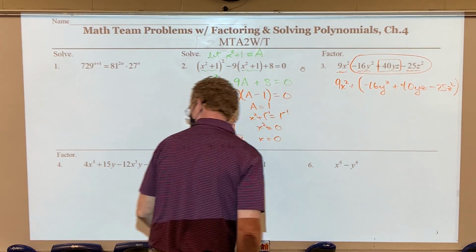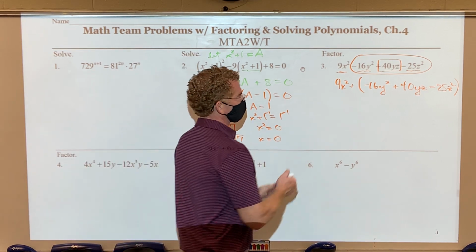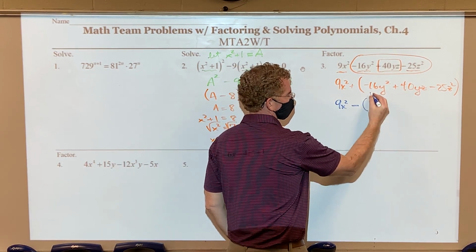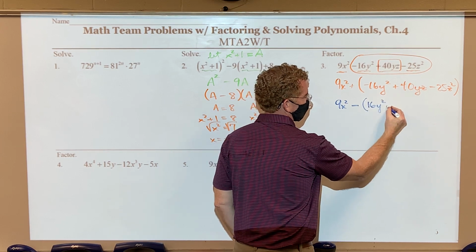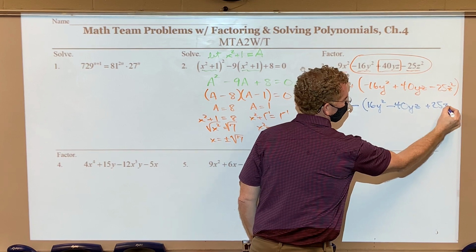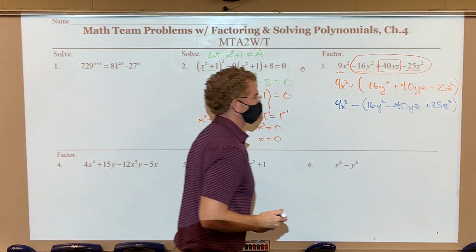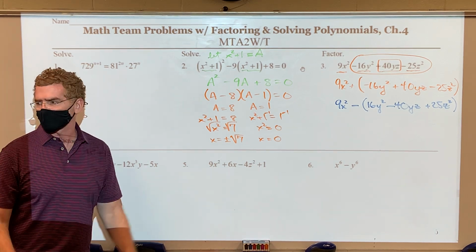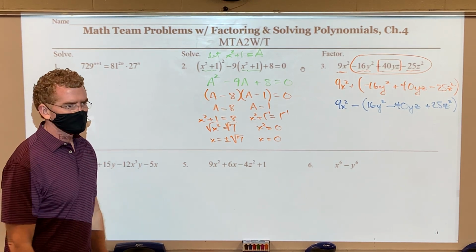Now to have a minus there, what am I going to have to do? Factor a negative out, so let me do that. Right there, I end up with positive 16y squared, negative 40yz, positive 25z squared. Now, is that a perfect square trinomial? Because that's the last check, and then you start with the process.